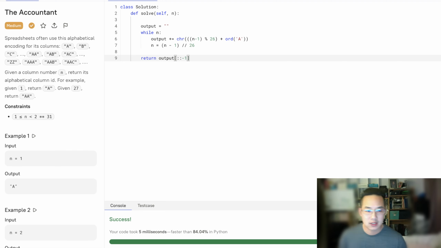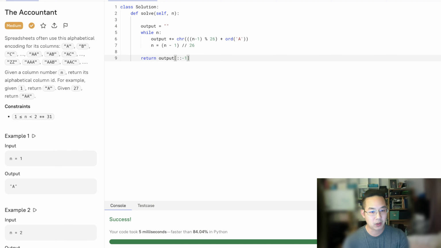So what we learned today is that we're converting back from the auditor to the accountant, which means we're going from the numbers back into the letters. And by understanding the opposite problem, we can get a better sense of how to do this particular problem.